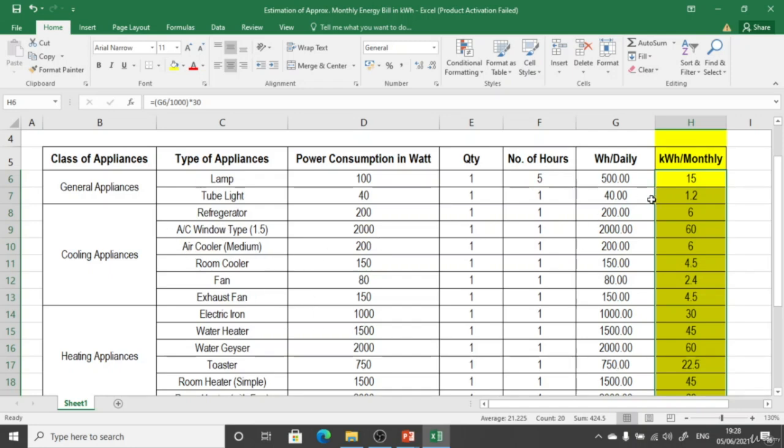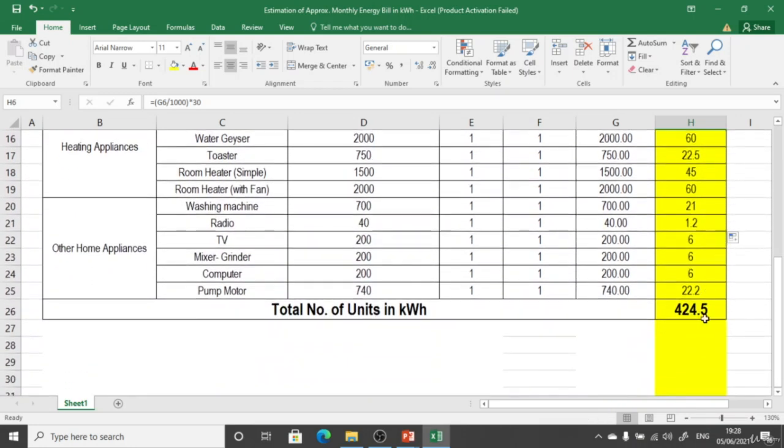We ask the consumer how many hours this equipment runs as per their requirement and put it over here. The number of quantities as per the audit we keep here, and from that we can approximately estimate how many kilowatt hours the consumer will require at the end of the month to fulfill their needs.